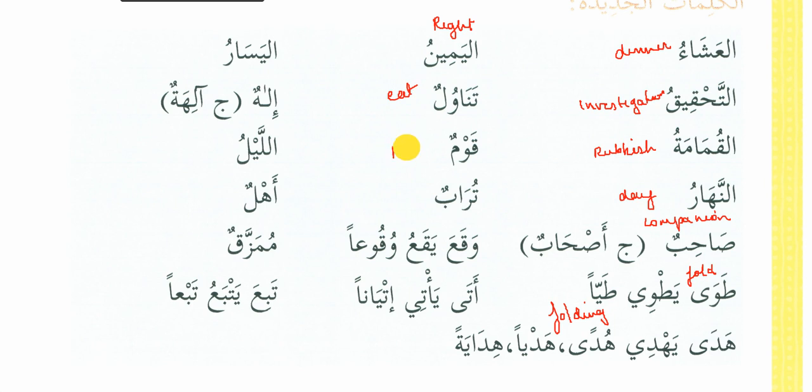Qaum, nation, different nations. Turab is dust, actually. The dust in the air, you can say the dust. Waqa'a, to happen or came, both. He comes or it happens, or wukuwan, the happening. This is the verbal noun or masdar. Ata, he came.